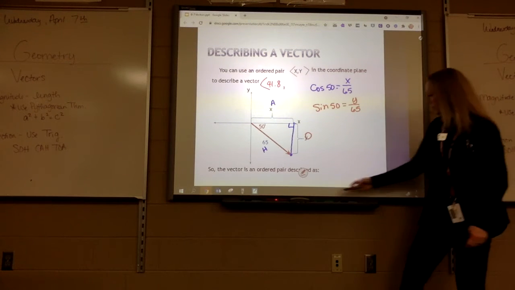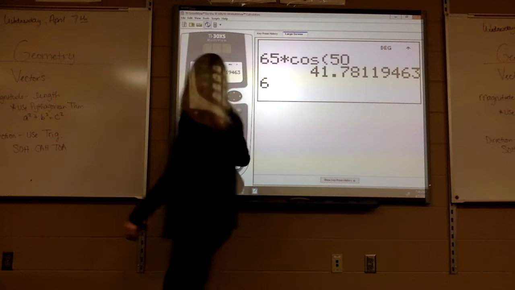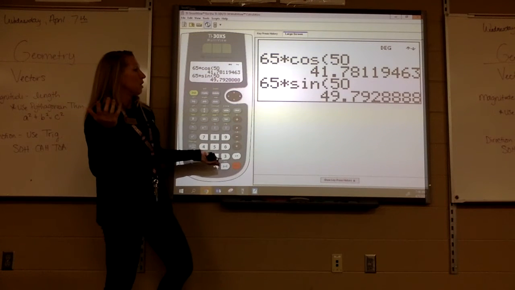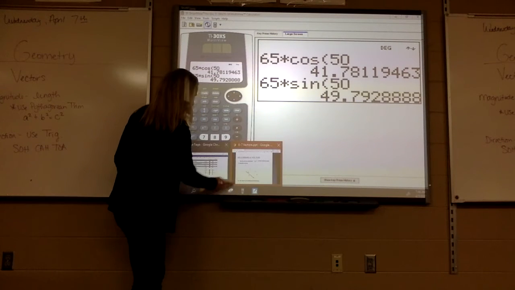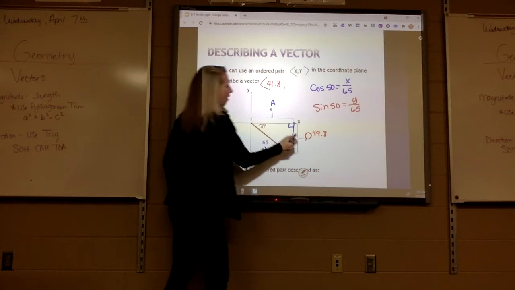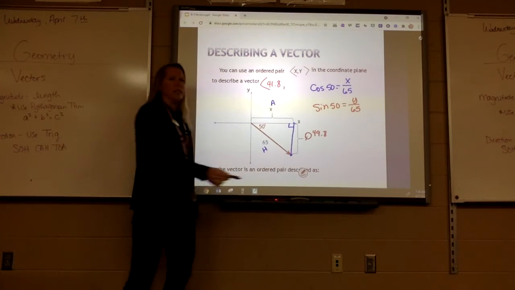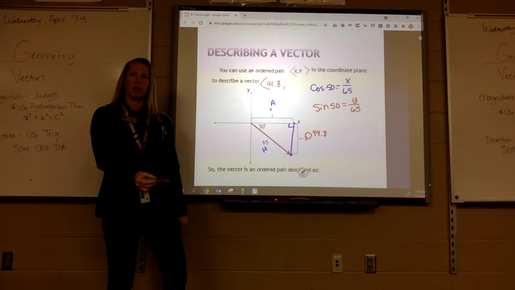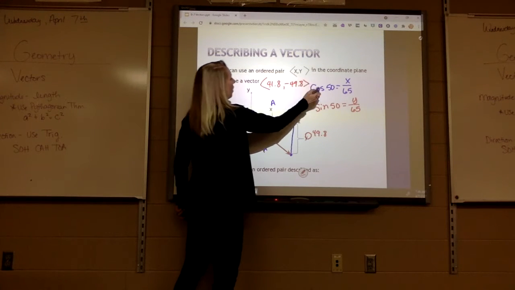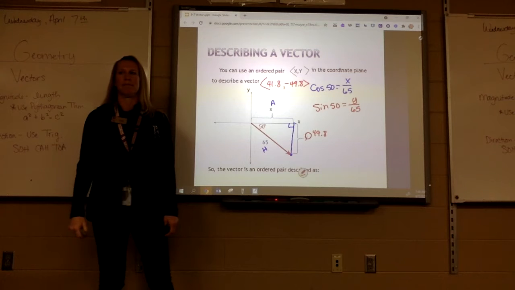Multiply 65 times sine 50, and I get 49.8. Now, however, that 49.8 is going down. So would that be positive or negative? Negative. So negative 49.8. That would represent my vector.